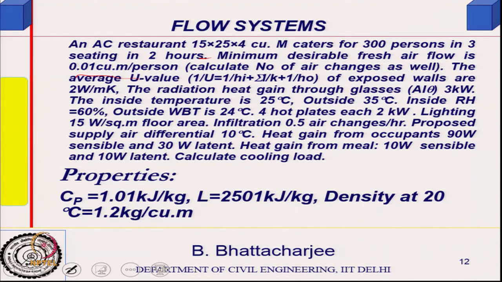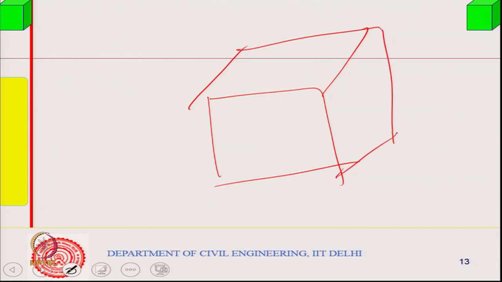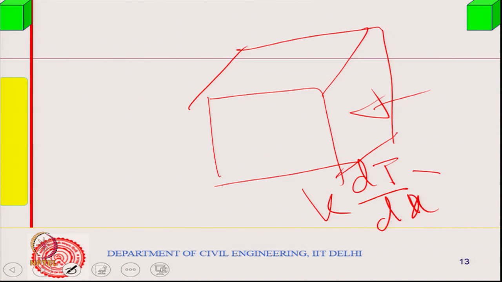Now, when we have walls, roof, etc., heat transfer takes place by conduction through these walls, and this is given in terms of, if you remember what we discussed earlier, K thermal conductivity into temperature gradient dT/dx.